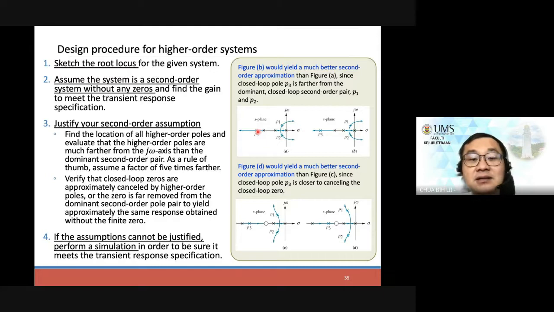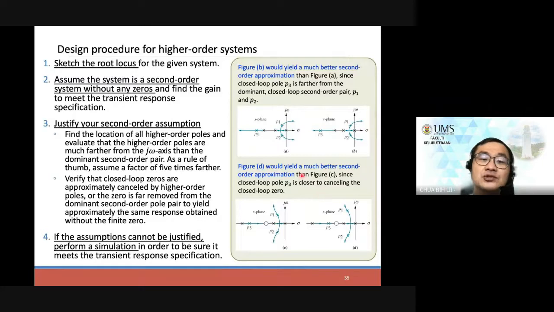But if P3 is far away, then it is better. So this is how we can say the dominant pole is this one, the one that you draw for your poles and zeros, the black dot, and the blue line is the root locus, the one that you are going to select. That's where, when we select, we may start to ask whether it's still correct or not. So the further it is from the dominant pole, the better the approximation.